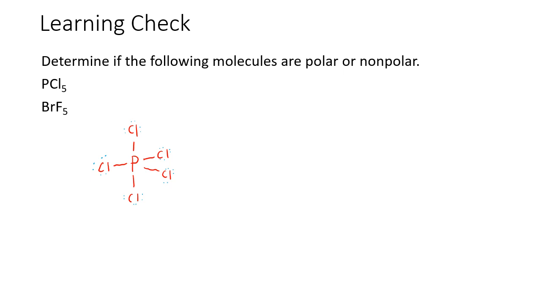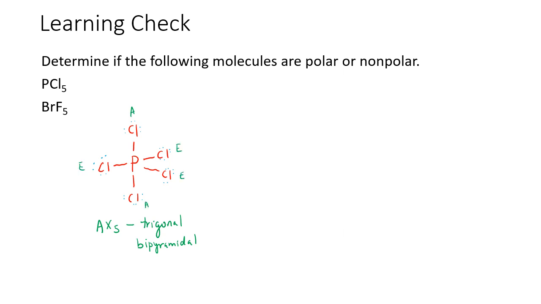Our shape is going to be from the AX5 family, and this is trigonal bipyramidal. We have 5 electron domains around our central atom. They're all bonding domains, and we've got our 90 degree and 120 degree bond angles between the axial and the equatorial positions.